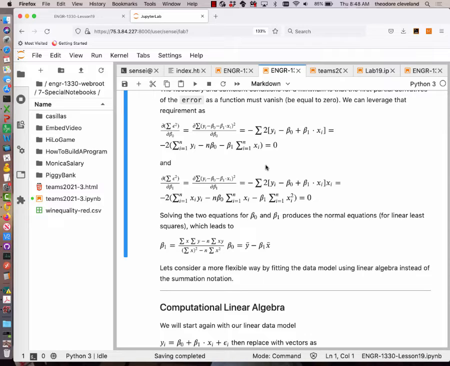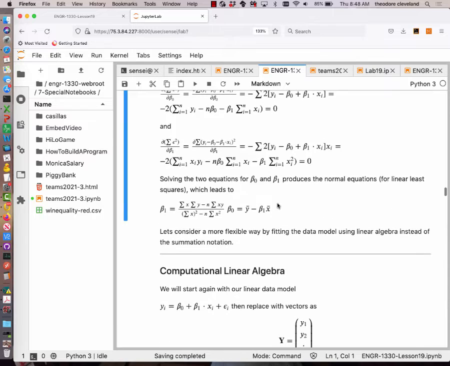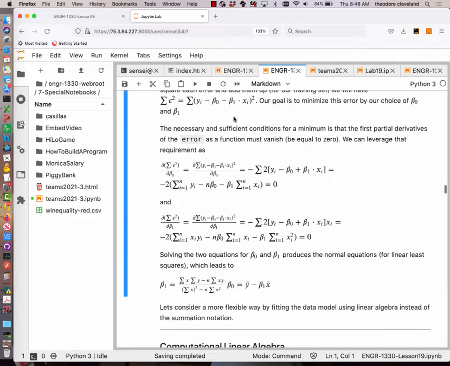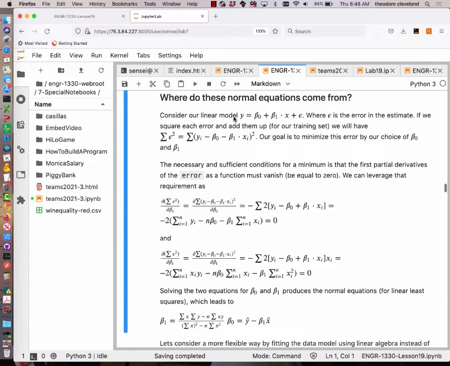If we solve those two equations for beta 0 and beta 1, ta-da, we get what are called the normal equations. So the normal equations are not a super revelation. There's nothing magic about them.